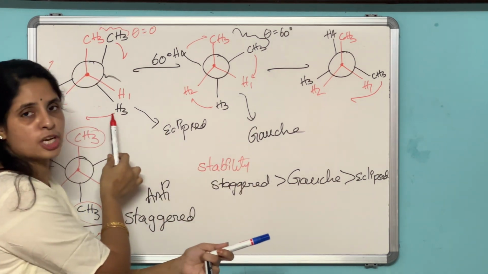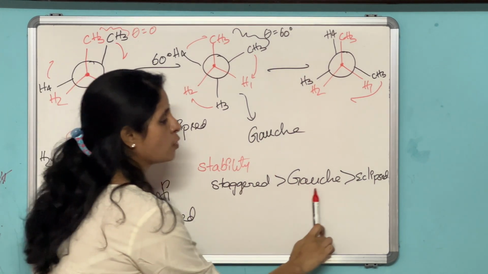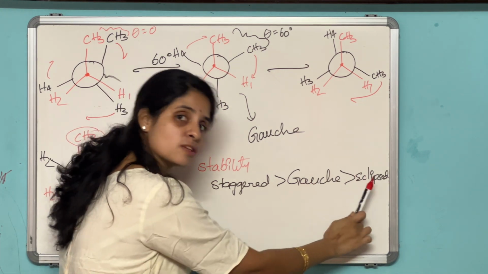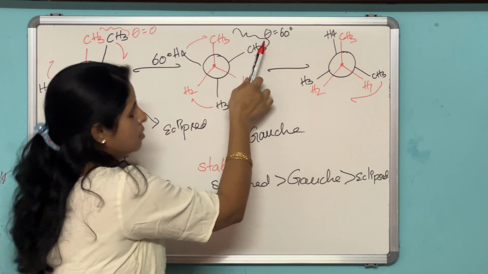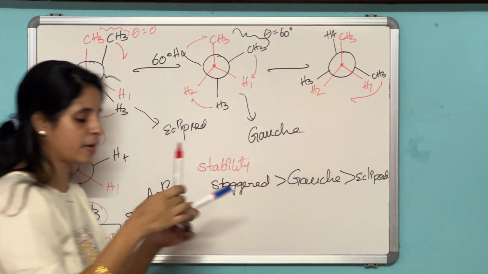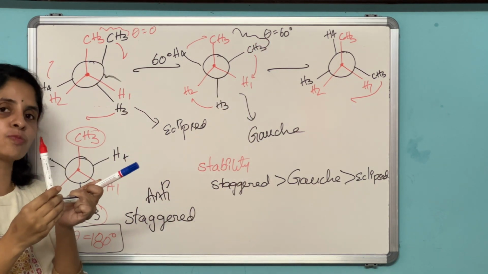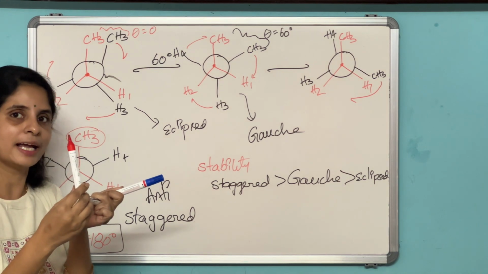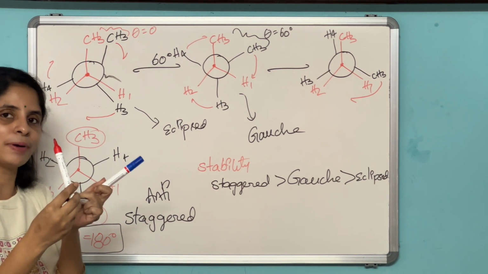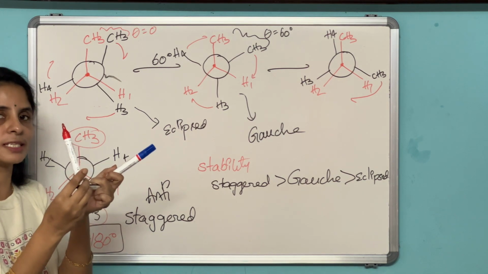So comparing Gauche and eclipsed, Gauche is more stable because the dihedral angle has also increased, as it has moved 60 degrees away from the front methyl group. This is the second carbon's methyl group; I have rotated it by 60 degrees.